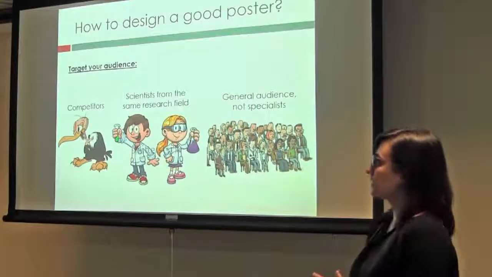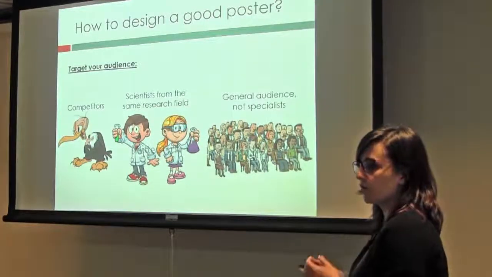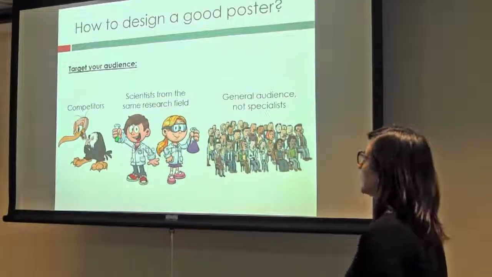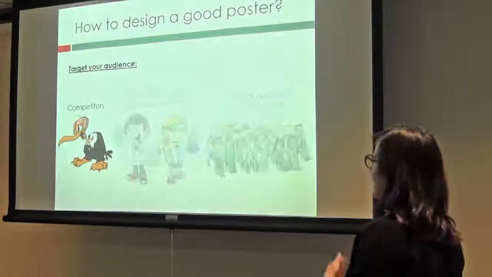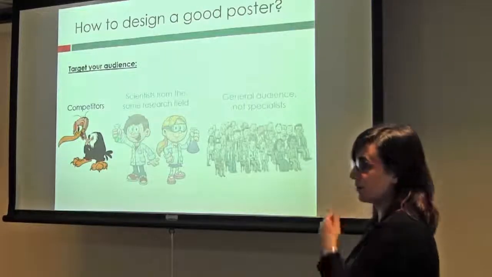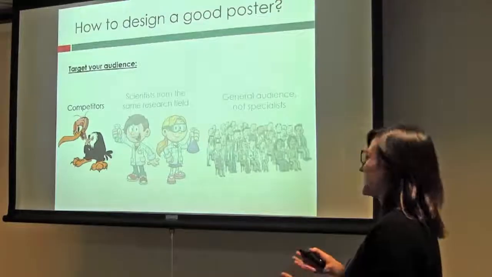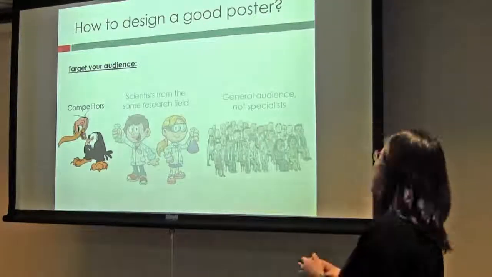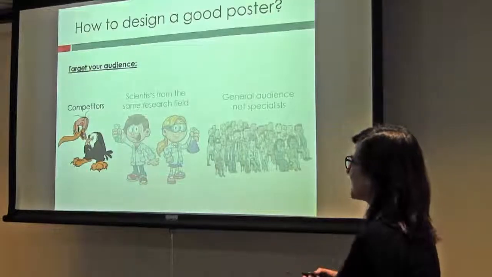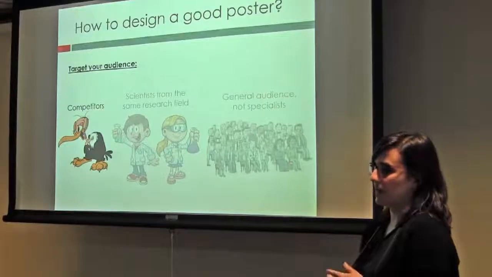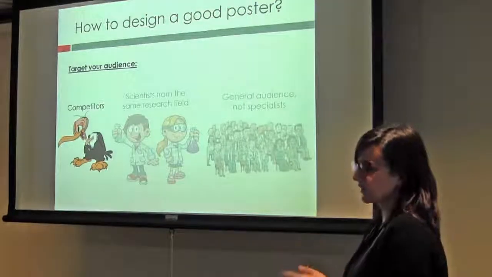So the first thing to consider is whether your audience will be competitors, scientists from your same research field, or a general audience. So if we have plenty of competitors in the audience or in those conferences, you maybe don't want to include any unpublished data or data far from being published.